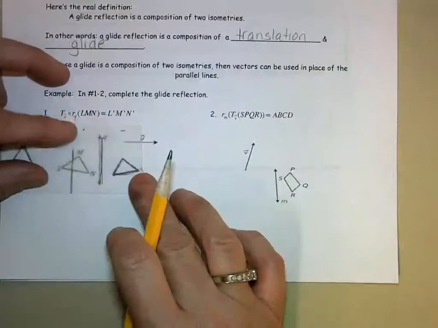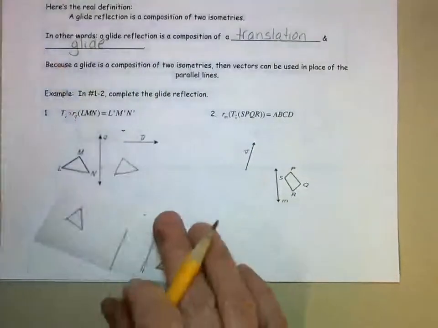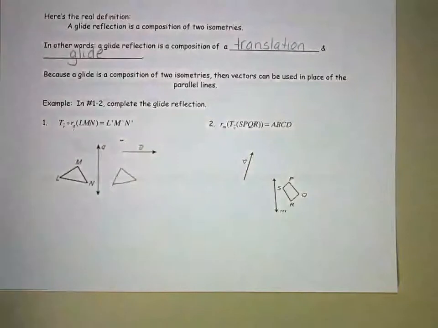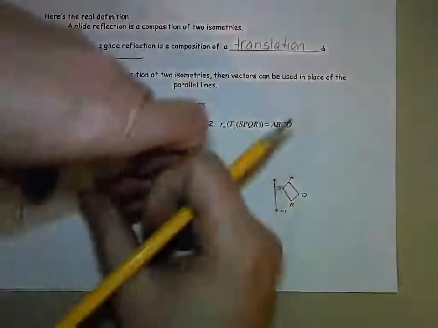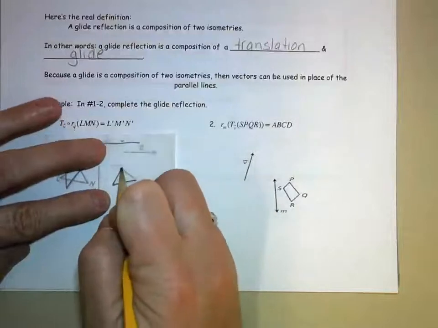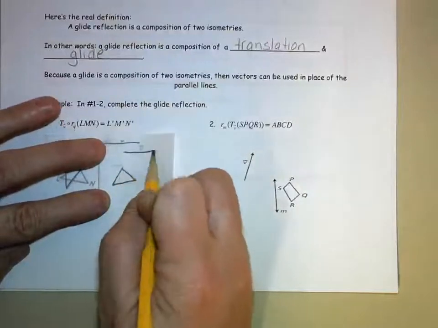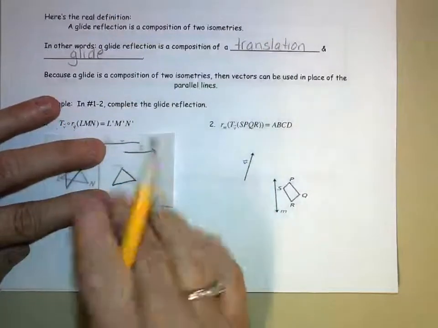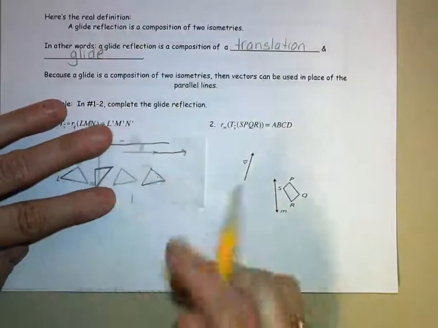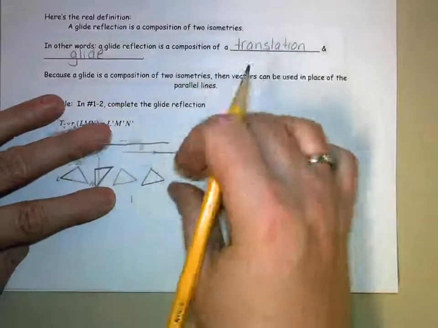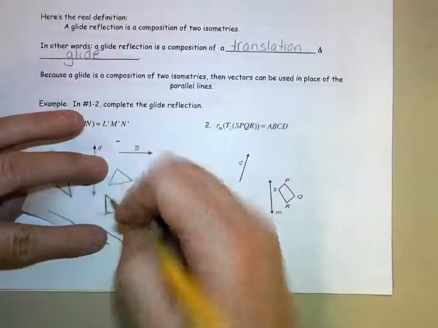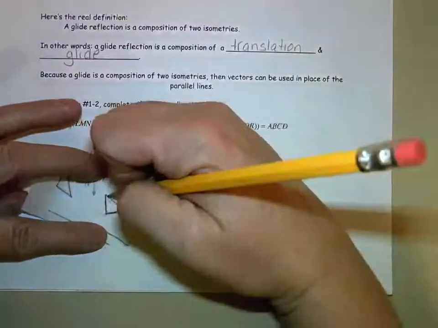And then I'm going to take my triangle from right there. And we need to translate it along that vector. So we take that and we slide it. And then I forgot to trace on the back side, to flip it over and color on the back side.